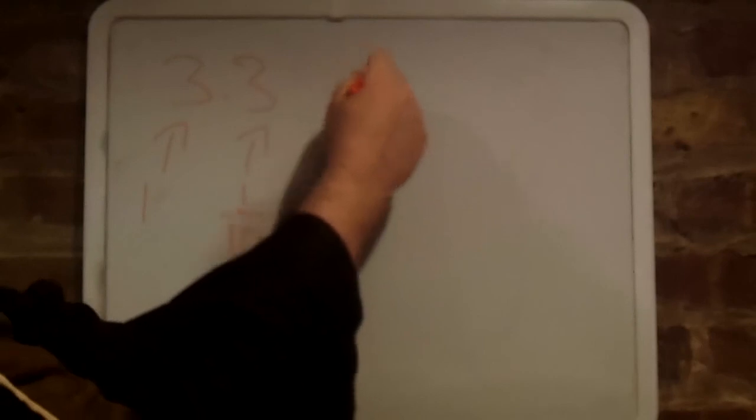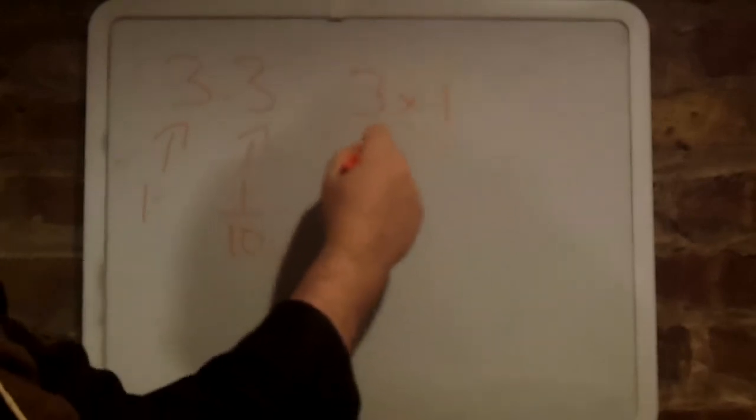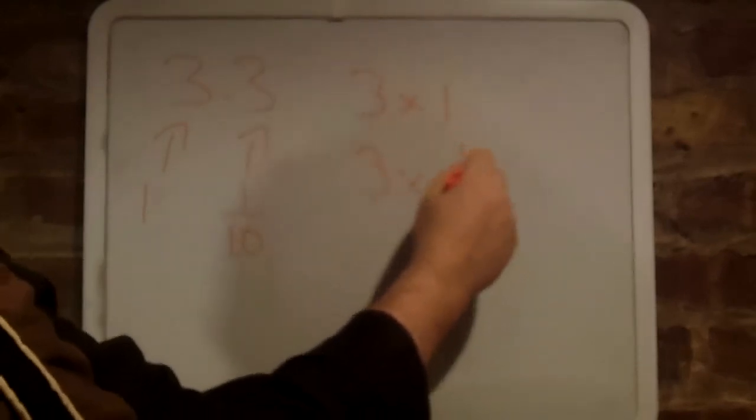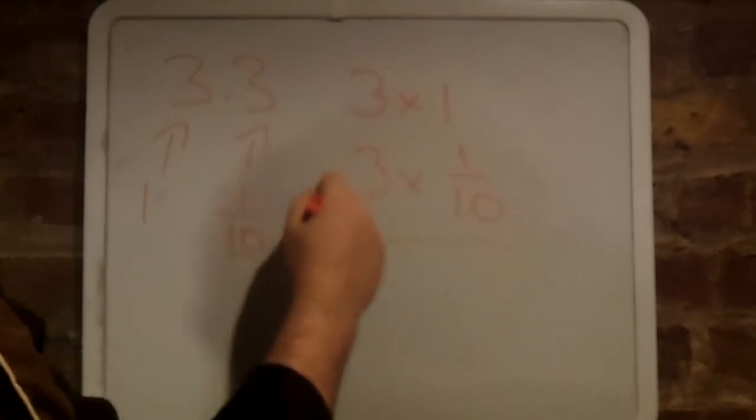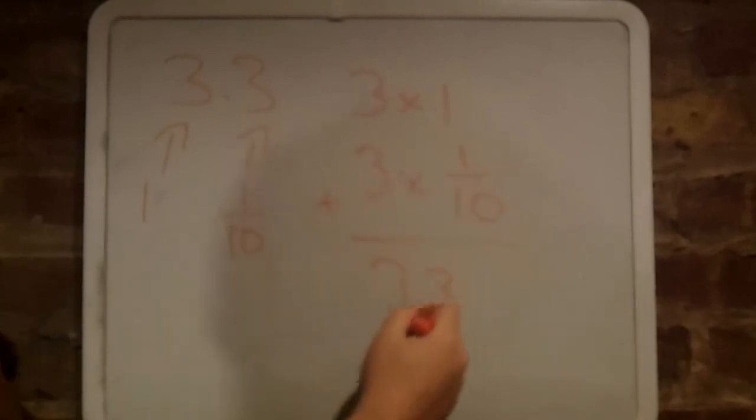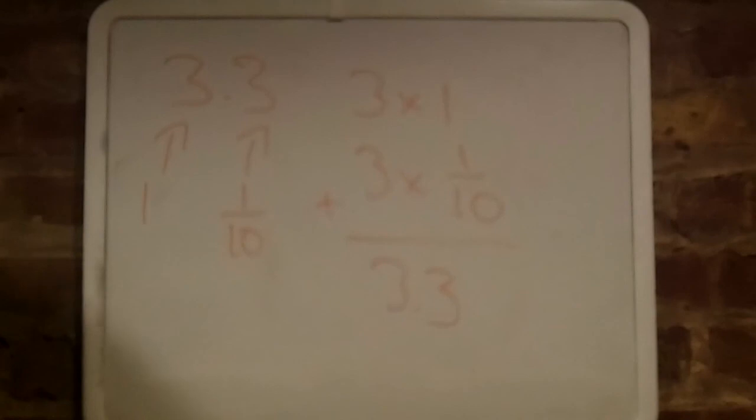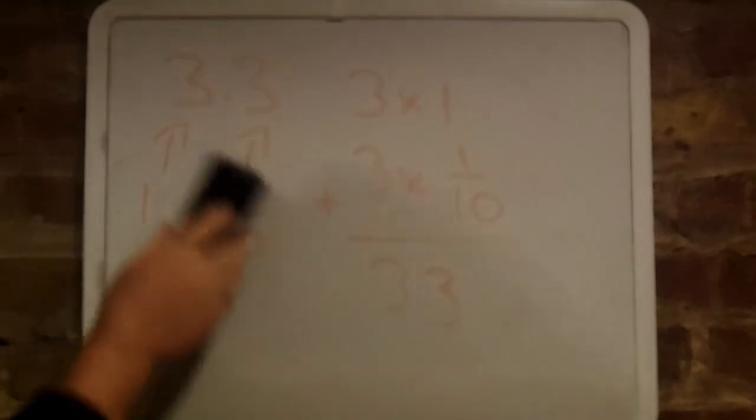So this is telling us we have 3 times 1 and 3 times 1/10 is the total number. And just as we can have ones, tens, hundreds, and thousands, we can have tenths, hundredths, and thousandths.